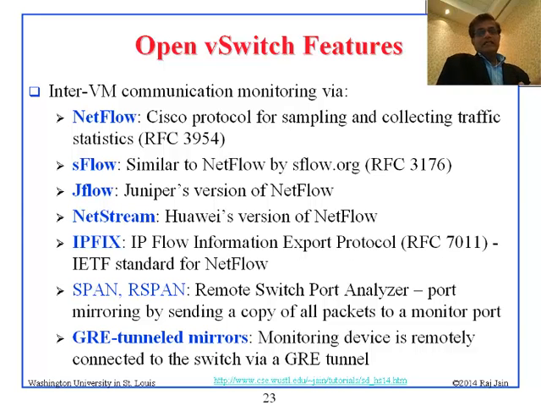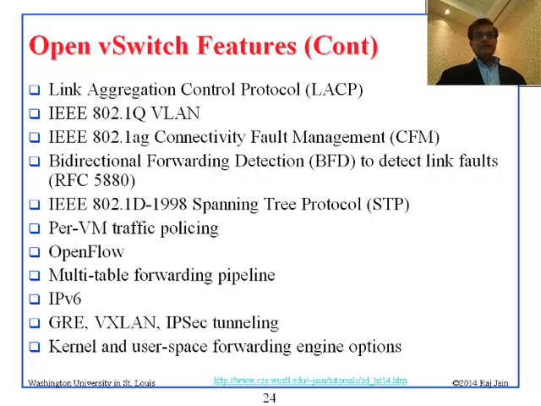For example, GRE tunneled mirrors: if the packet is going out of port 1, you can say, well, everything that is going on port 1, please send me a copy to port 3. So you are monitoring there, right? That is called a mirrored port. So you can monitor what is going on in the network and you can take actions if something goes wrong. Then it also does link aggregation control protocol, where you can combine many Ethernet links into one link.